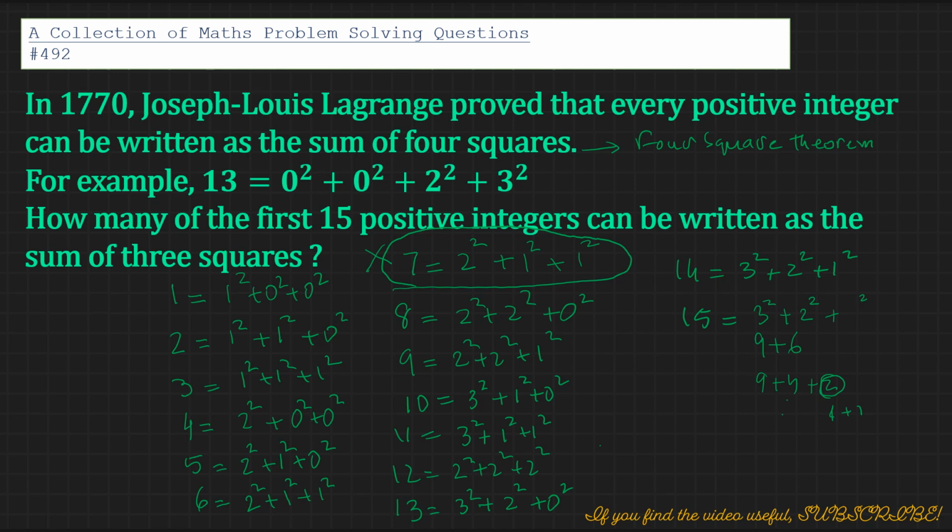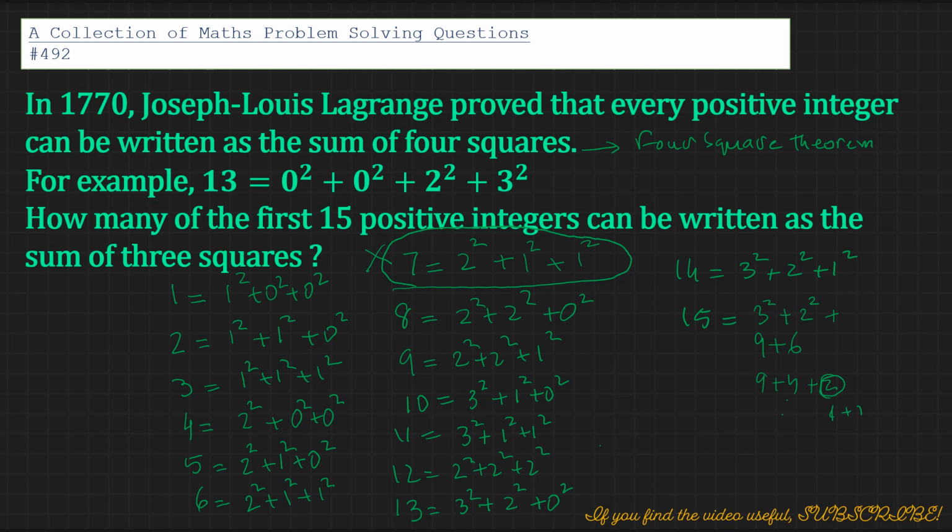Or if I do 1, that's 14. So 3 times 3 is 9 plus 4, 13, and 1, 14. So that can't be done.